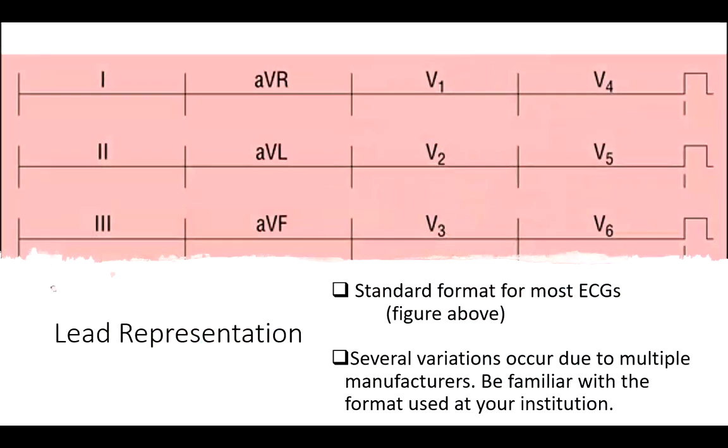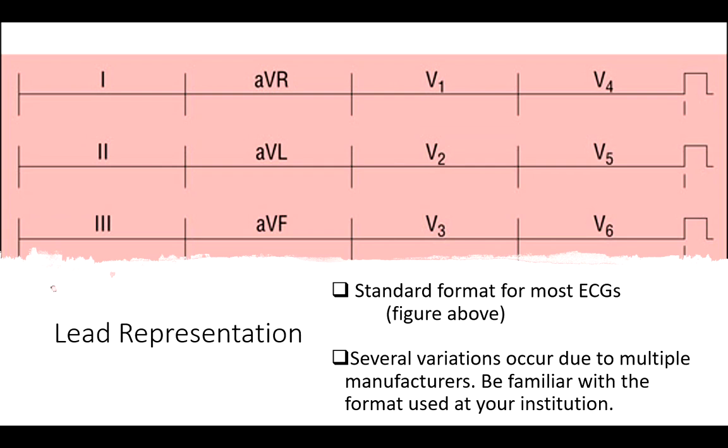So again, recall our location of our 12 lead ECG. Lead 1, lead 2, lead 3, AVR, AVL, AVF. And then our precordials, V1, 2, 3, 4, 5, and V6. So this figure shows the placement of these various leads in a standard format on an ECG rhythm strip. They're always going to be in this configuration if we're looking at a 12 lead.